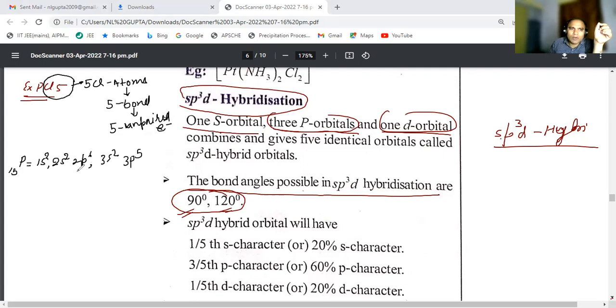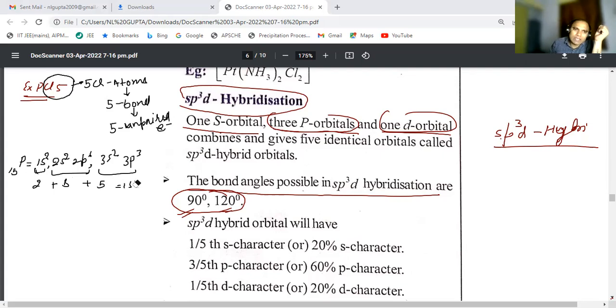Here 2 electrons, then 8 electrons here, and here I think 5 is not correct, here 3 will be there. So adding 2 plus 8 plus 5, it is going to be 15, that is correct.